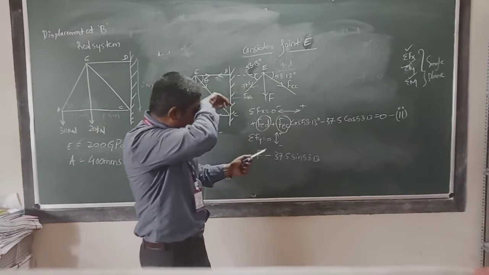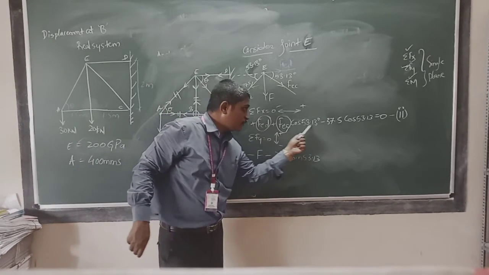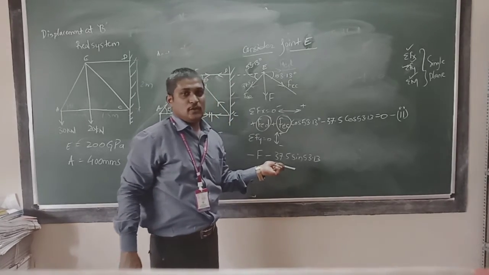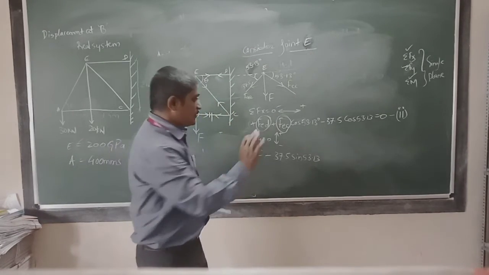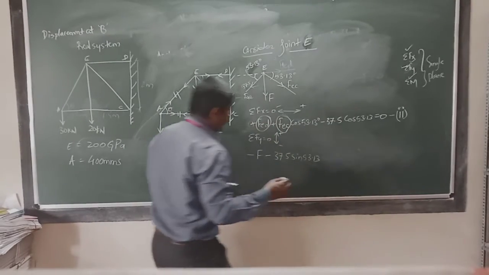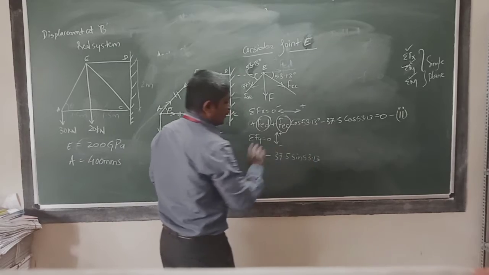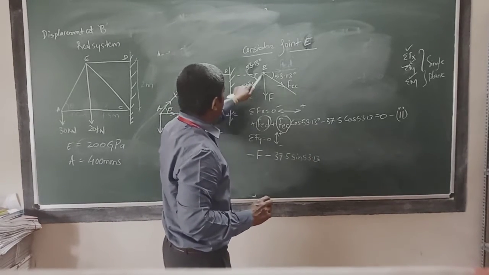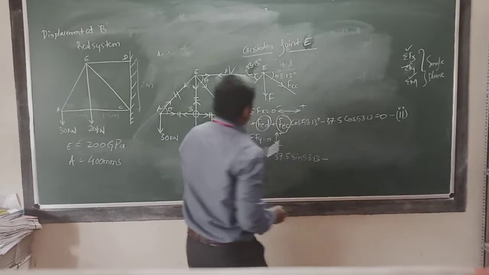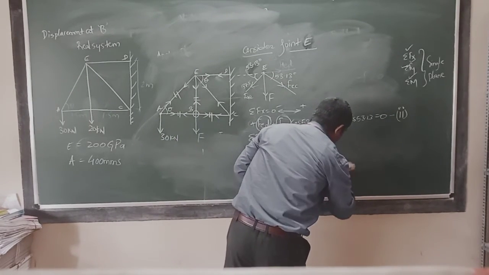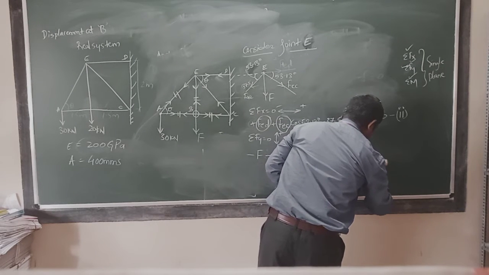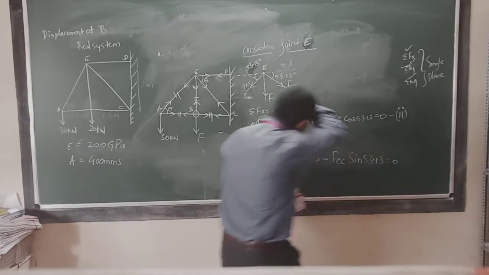Once you use cos theta in one equation, automatically in the next equation it will finally come as sin theta only. This is a trick you can use, but still go with this procedure, towards the theta and away from the theta, so that you will not go wrong. This also we have to resolve as vertical. Again it is going downward, negative, FEC sin 53.13 is equal to 0.